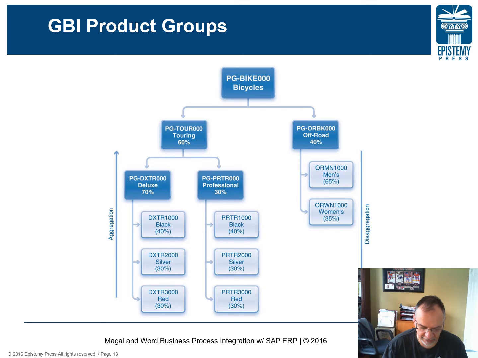So for reasons like that, companies use what we call similar planning characteristics into product group or family group. So you can see here how off-road is set up in touring and what the percent allocations are when creating a plan for touring, how much will be deluxe and how much will be professional.